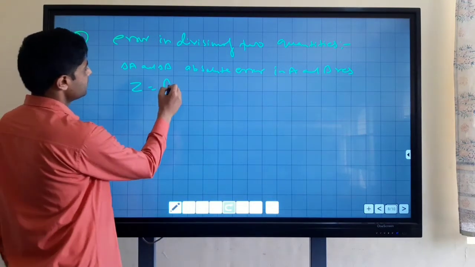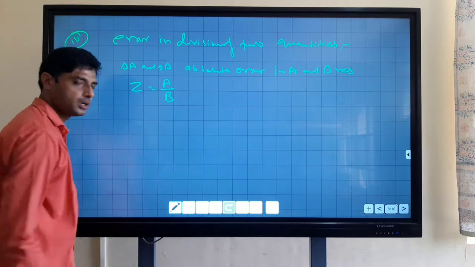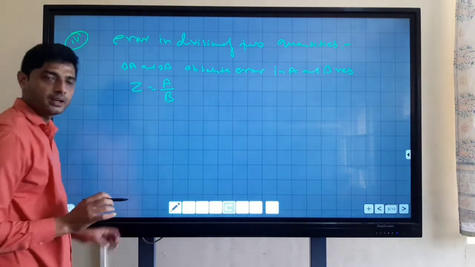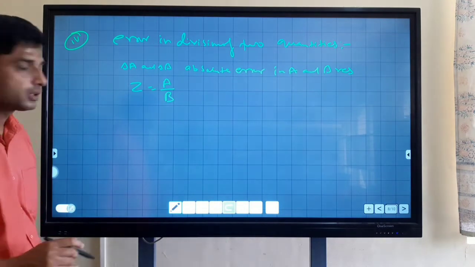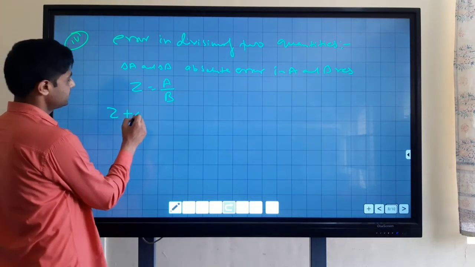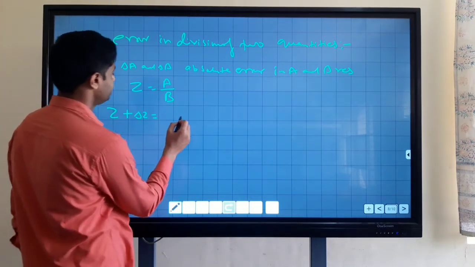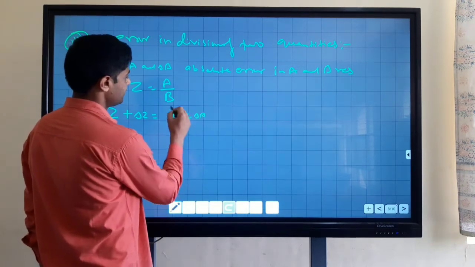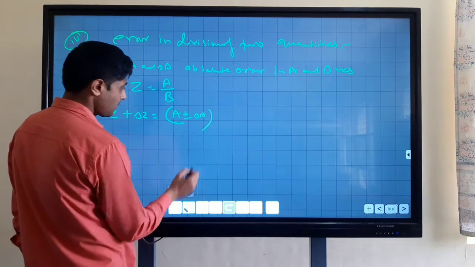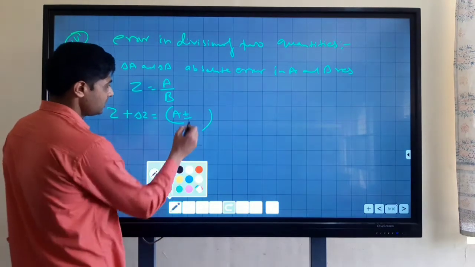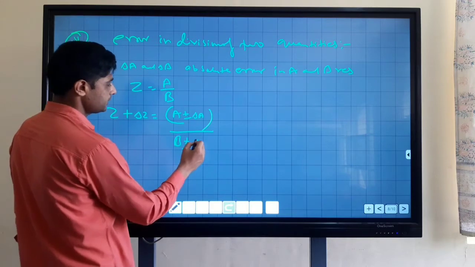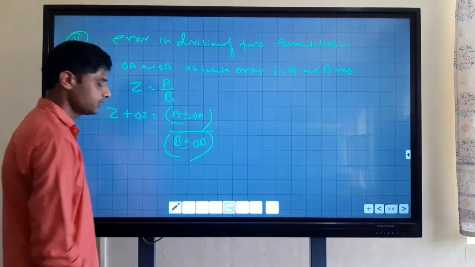Z equals A upon B. So in the error in the division of two physical quantities, Z plus minus del Z equals A plus minus del A upon B plus minus del B.